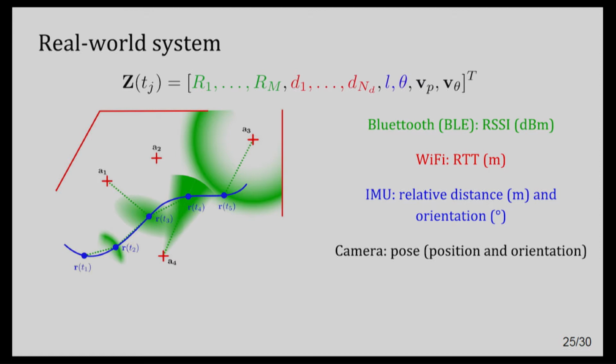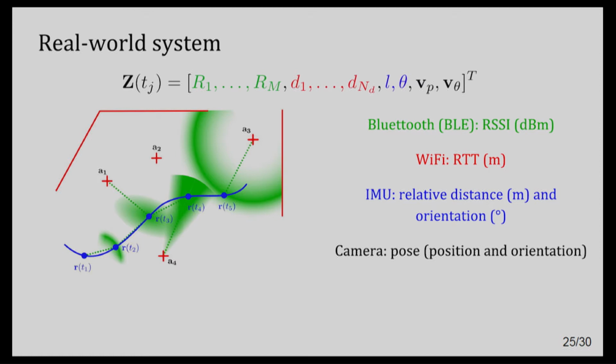The same goes for an angle measurement: you only know that you're within a certain range of that angle. So in the system, we put all these measurements into one big measurements vector, though we might not have all of these measurements.